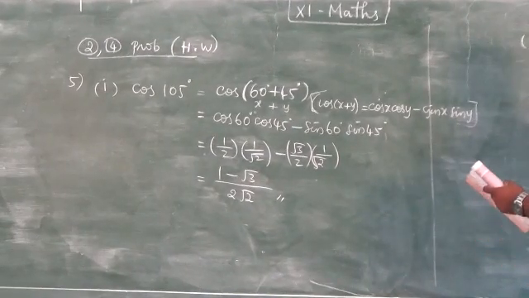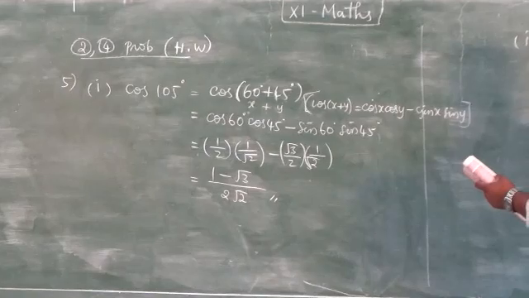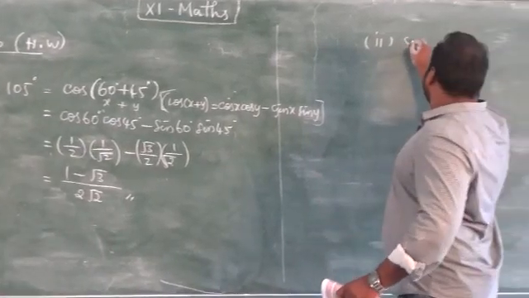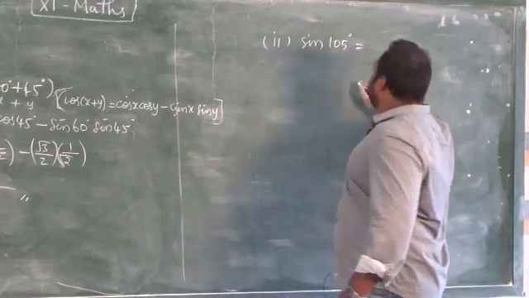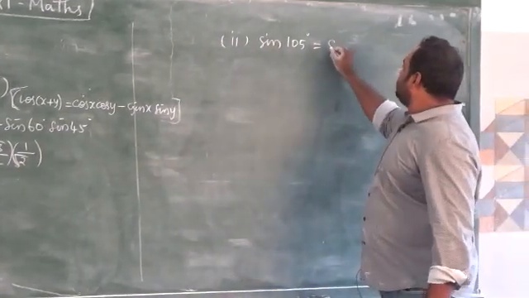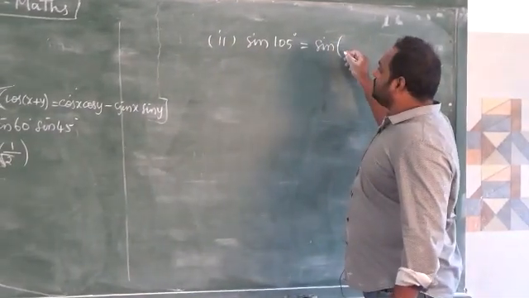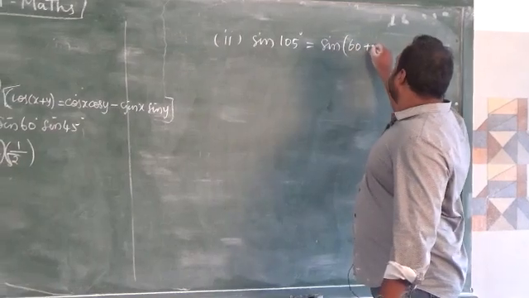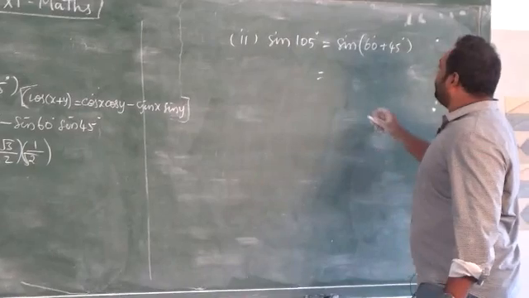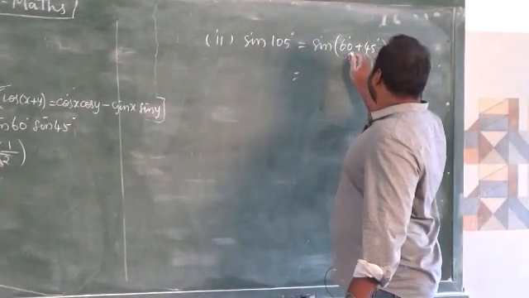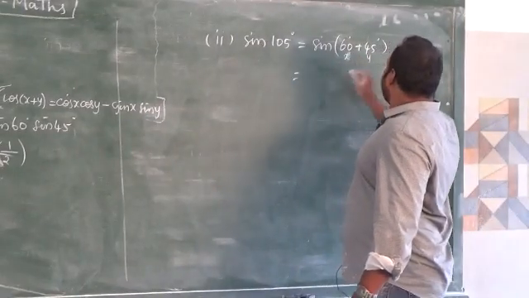Next is given sin 105. The second one, sin 105. This can be split like this, same as the last subdivision, 60 plus 45 degree. So sin of x plus y formula.